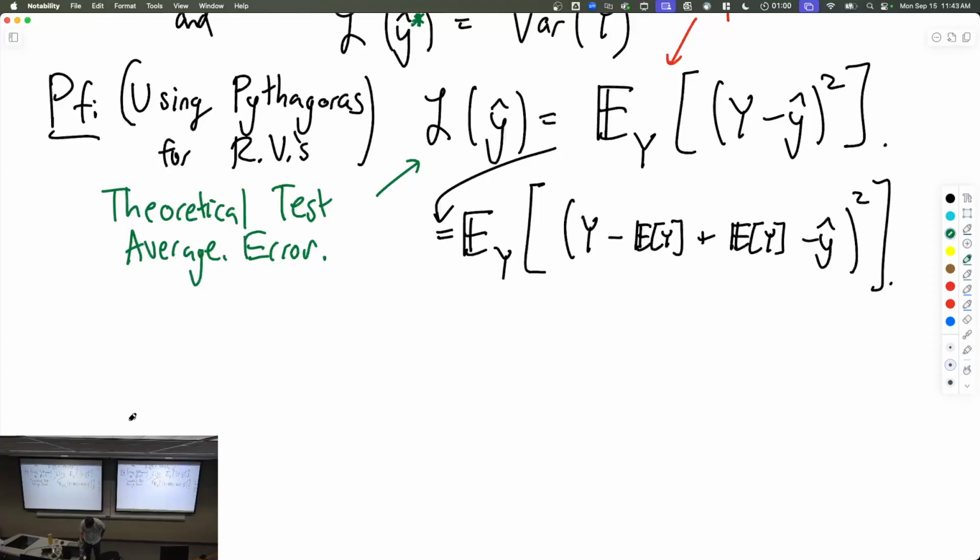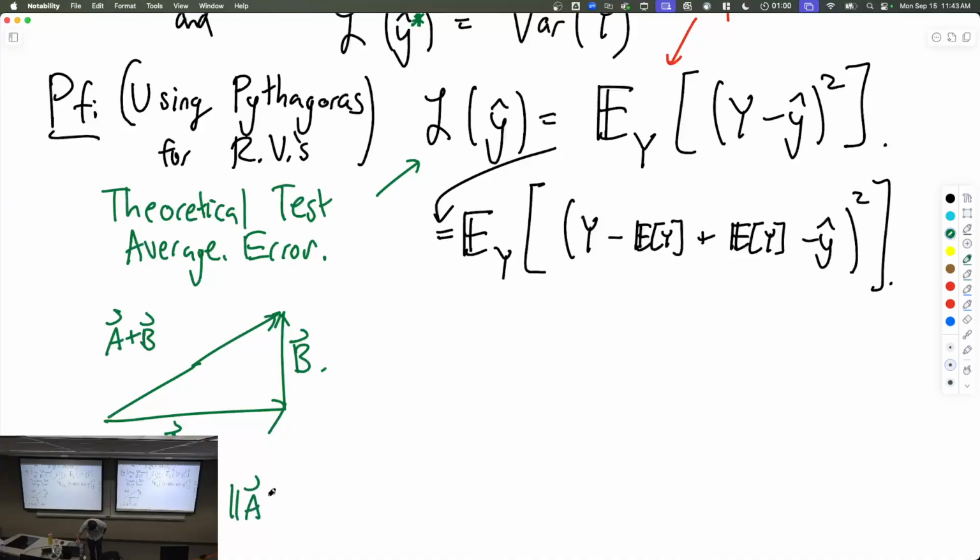The regular Pythagorean theorem says if you have something A and you have something B and you try to measure the length of the sum, the vector A plus B, the length squared of A plus B is equal to the length squared of A plus the length squared of B. That's the regular Pythagorean theorem.